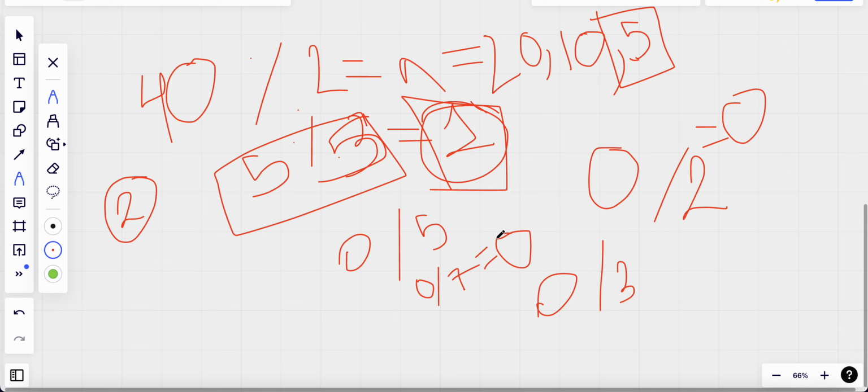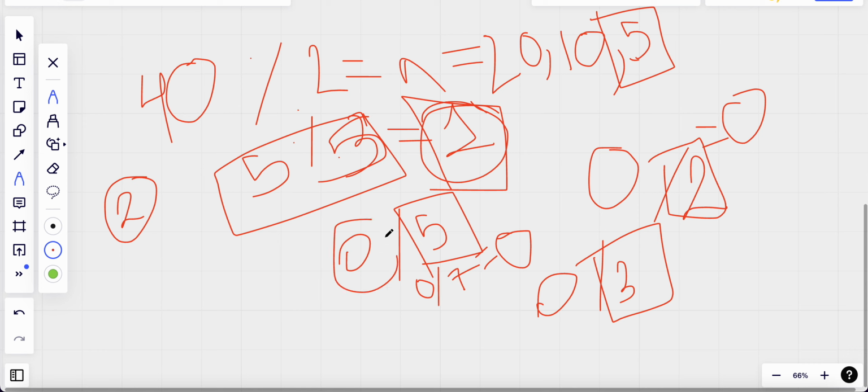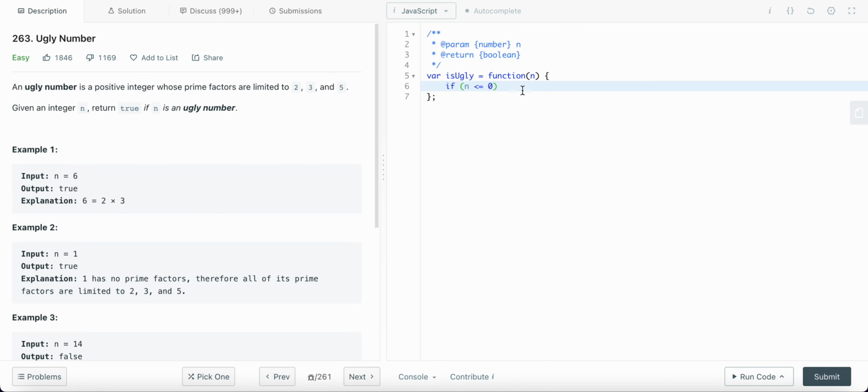So basically 0 has infinite factors, which means that 0 has prime factors not limited to 2, 3 and 5. That is why 0 is not an ugly number. So if we find 0 or a negative number, we are going to return false because it's not an ugly number.